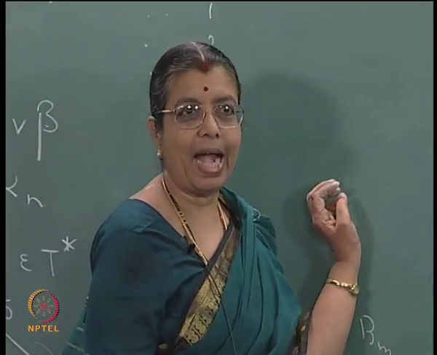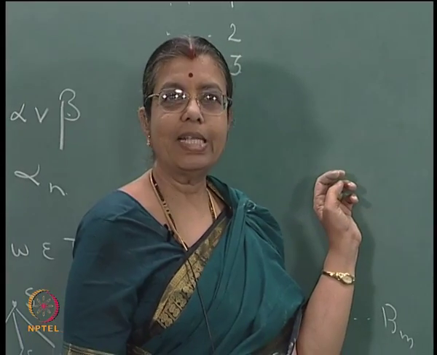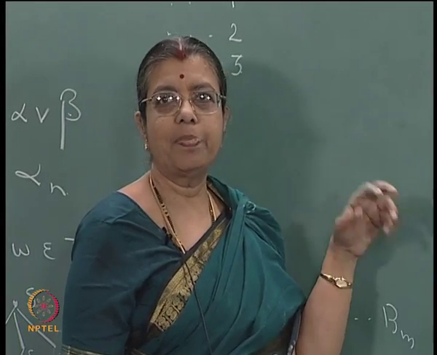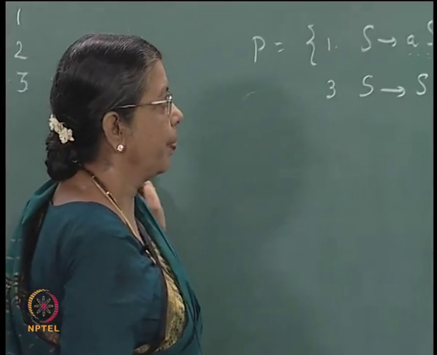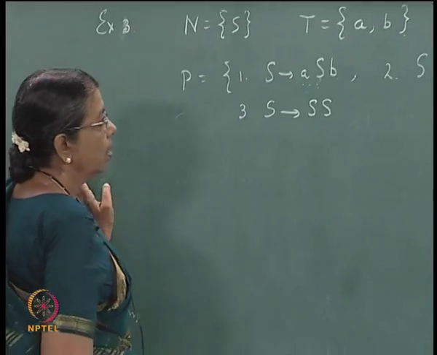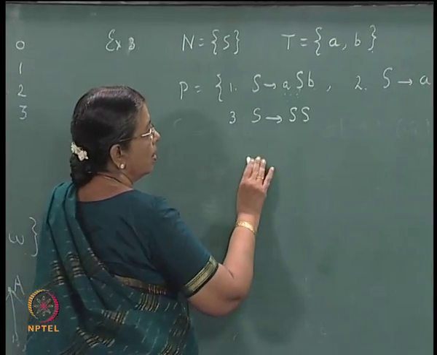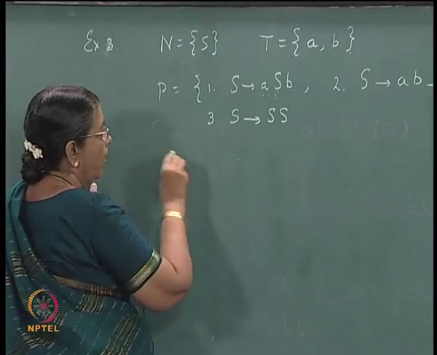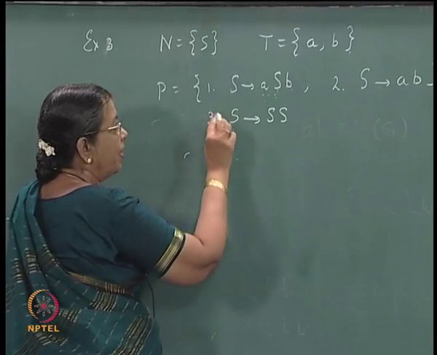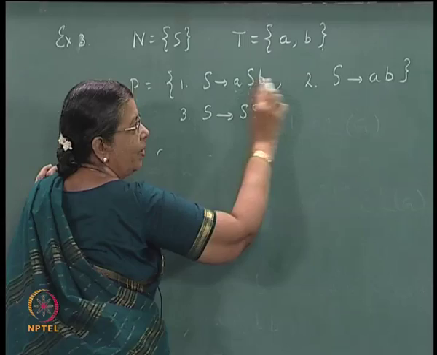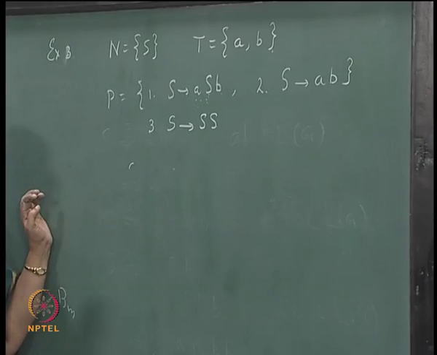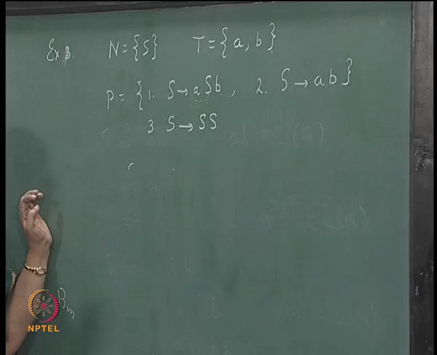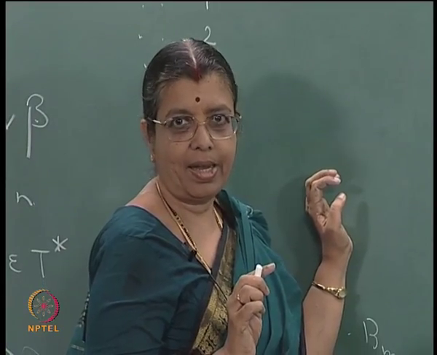With this additional rule, what is the language generated? What types of strings are generated by the grammar? With these two rules alone, you can generate strings of the form A power n, B power n.